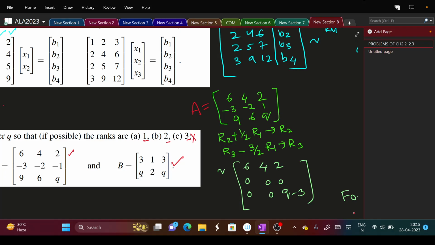So here, to make this element 0, what I will do? R2 plus half R1 stored in R2, this operation I will do. And to make this element 0, I will make R3 minus 3 by 2 R1 stored in R3. So after doing these two operations, my first row remains as it is, second row becomes 0 and third row becomes 0, 0, q minus 3.